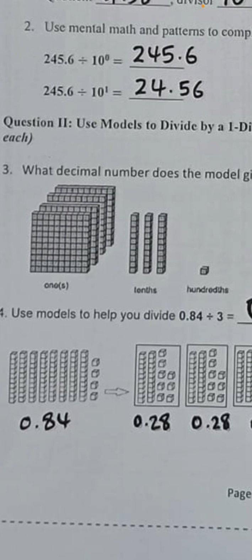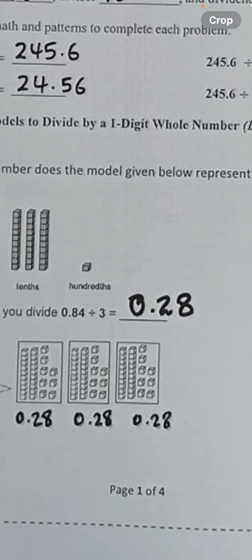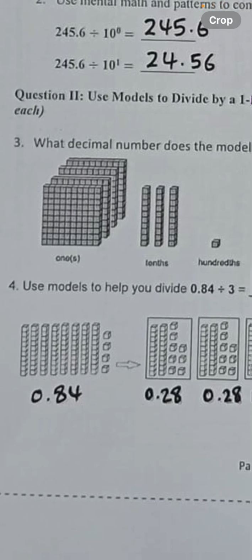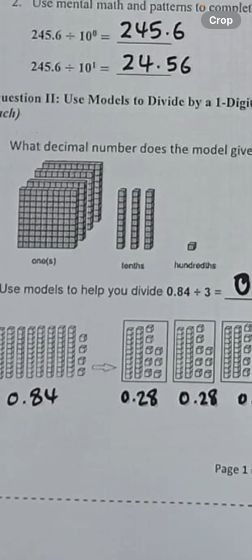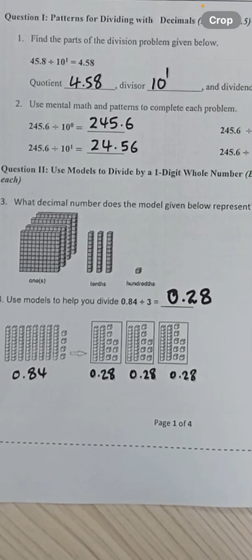So 4.3 and 1 hundredth. So 4.31. So here he just gives you this model, and we want to know what number it represents.